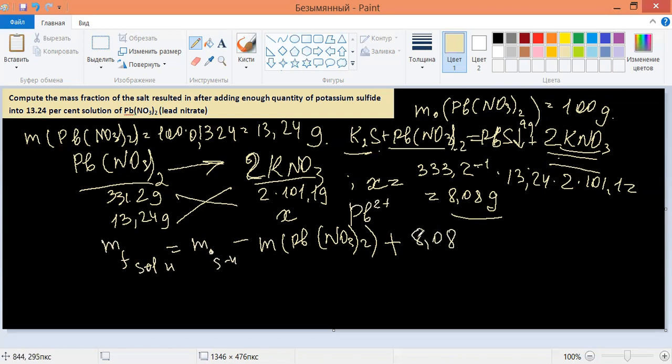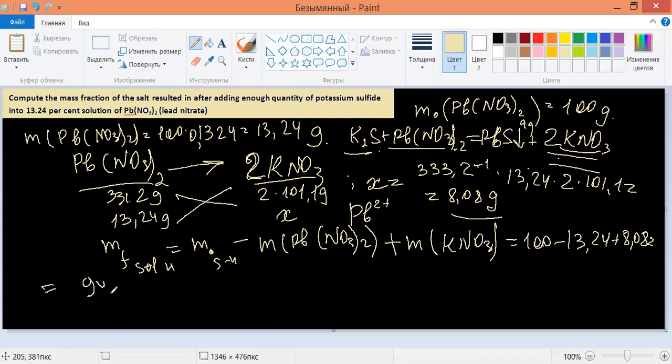We can write like this: plus the mass of KNO3. That means 100 minus 13.24 plus 8.08, and finally we've got that the mass of the final solution is 94.84 grams.